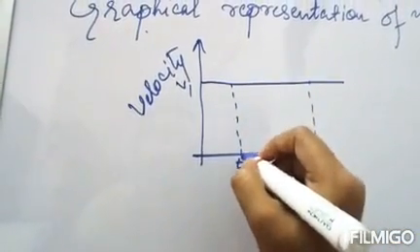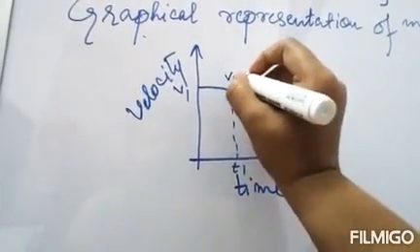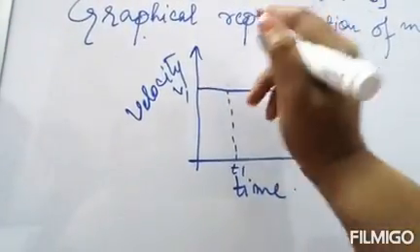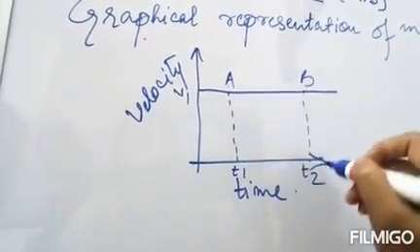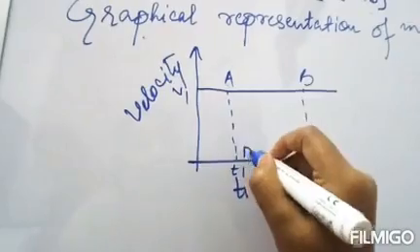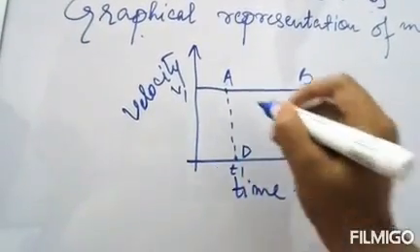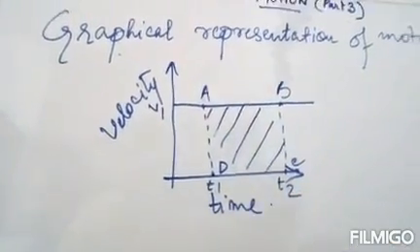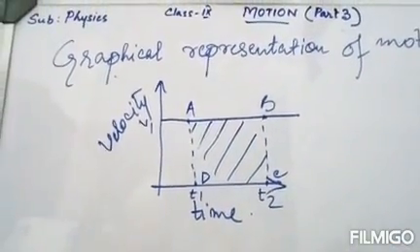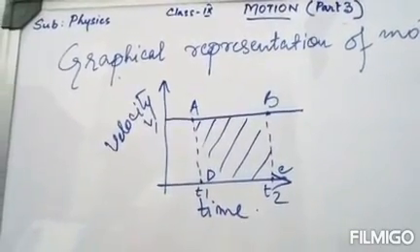If T1 and T2 are the two points, and I give names to the points A, B, C and D, then the area covered by ABCD will give the distance.